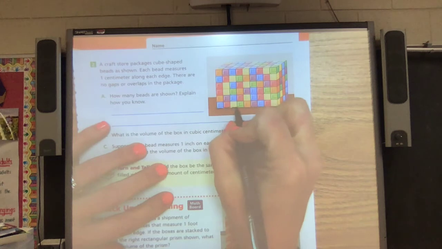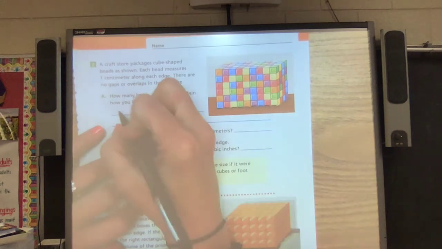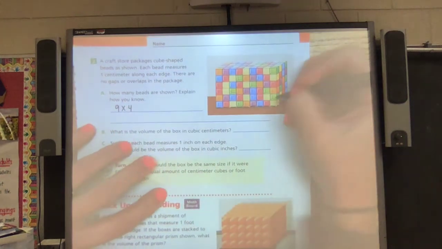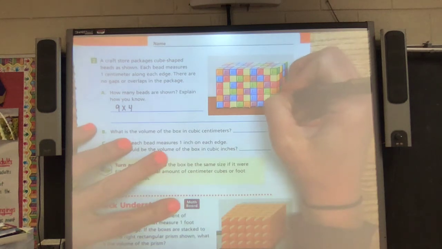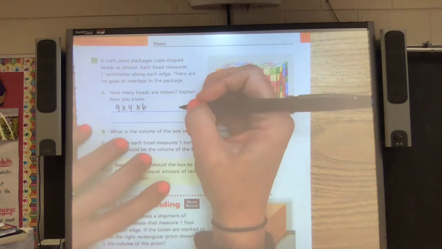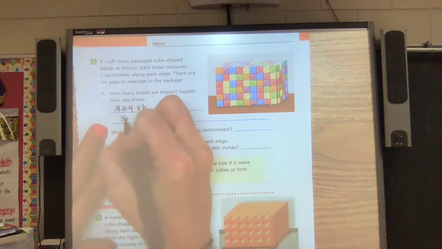1, 2, 3, 4, 5, 6, 7, 8, 9 units long. 1, 2, 3, 4 units wide. Let's see how tall it is. 1, 2, 3, 4, 5, 6 units tall. So I can use that math to help me. I know 9 times 4 is 36.